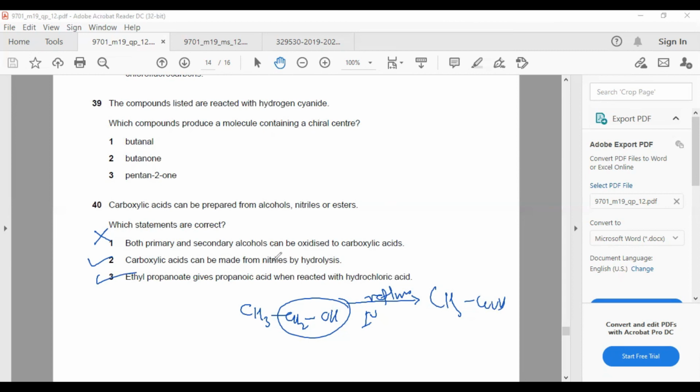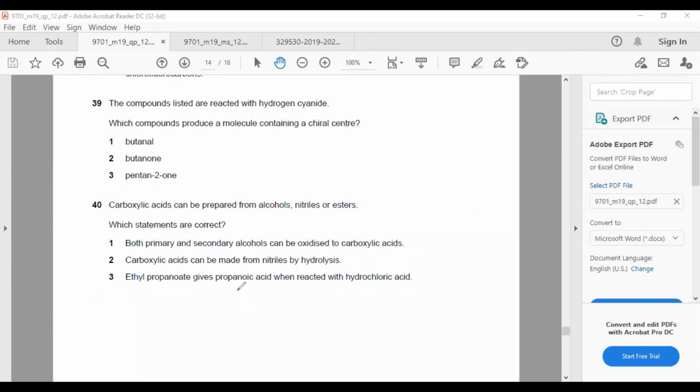Carboxylic acid can be made from nitrile by hydrolysis. Yes, how? Look, this is nitrile, this is acid hydrolysis. We have done it, it forms carboxylic acid. Yes. Ethyl propanoate gives propanoic acid. Ethyl propanoate means 3 carbons this side, 2 carbons with the ethyl.